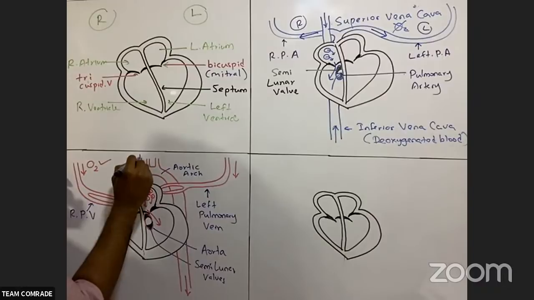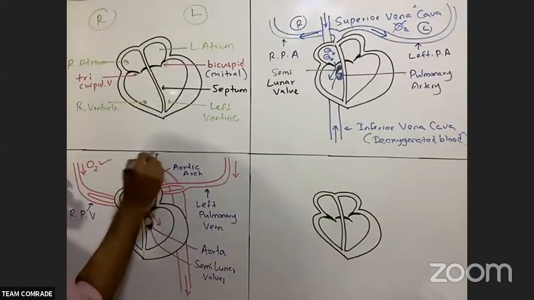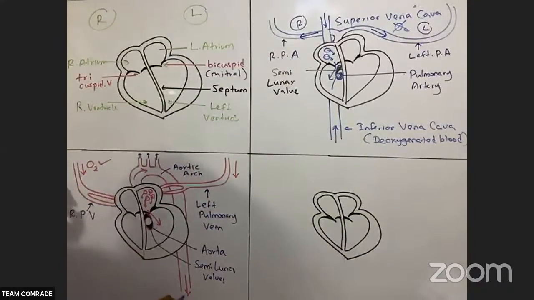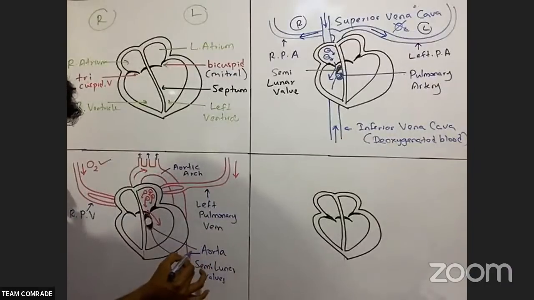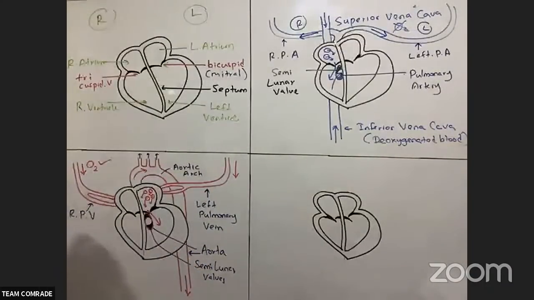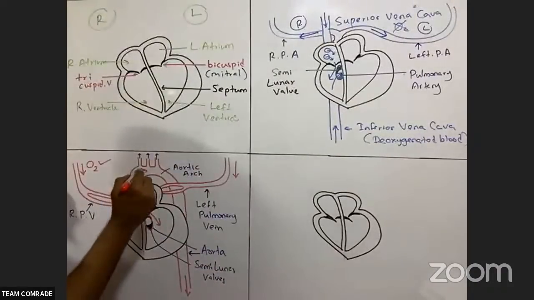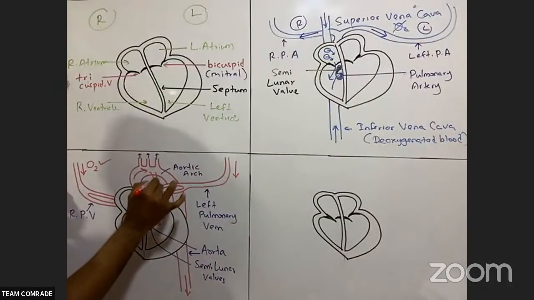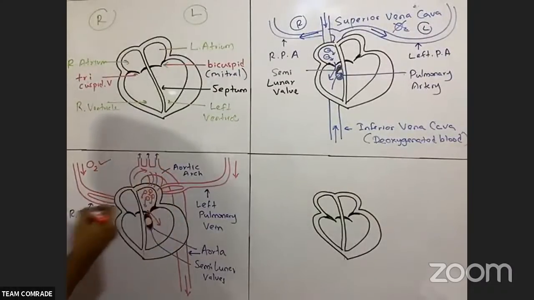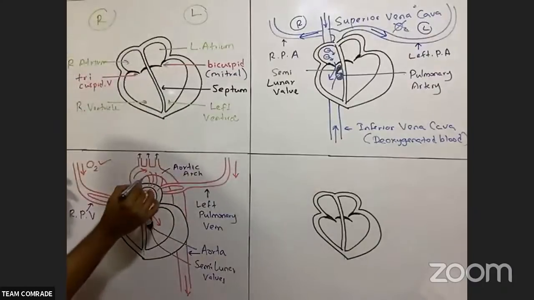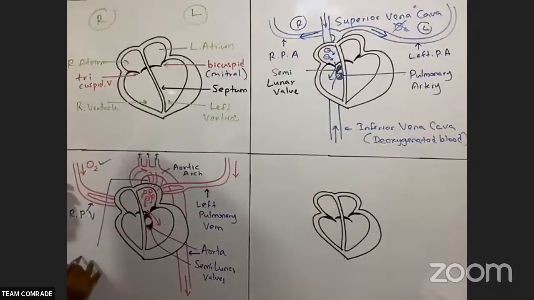And this is the blood which is going to the top of the body, and this is the blood which is going to the bottom of the body, right? So like that they are going. And also I want to tell there are a few small arteries that we call coronary arteries.